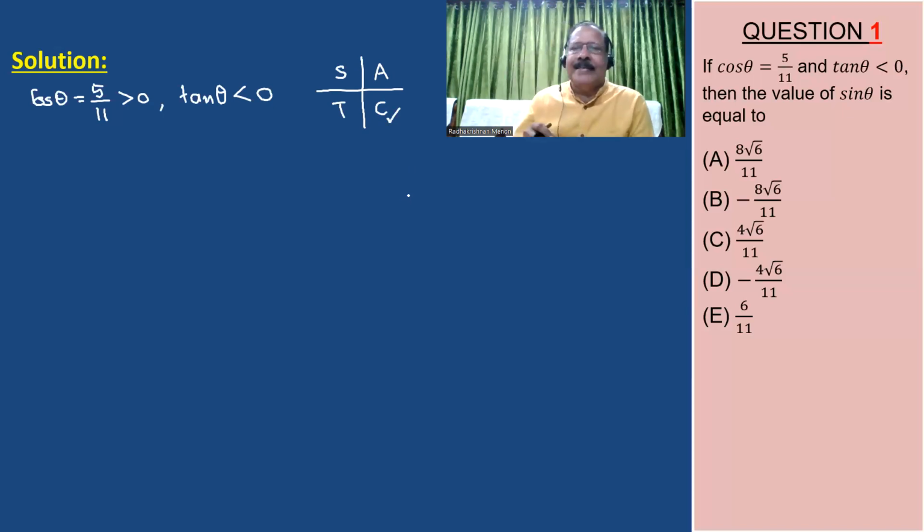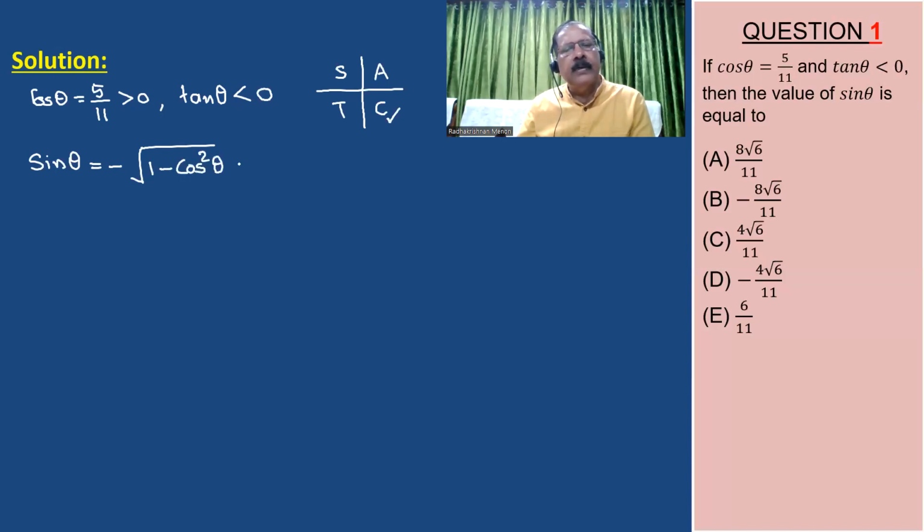In the 4th quadrant, sin theta is negative. So whatever value of sin theta you are getting, that must be negative. That is very important. So you know the formula. What is sin theta? Sin theta equal to, put minus sign because sin theta is negative, square root of 1 minus cos squared theta.